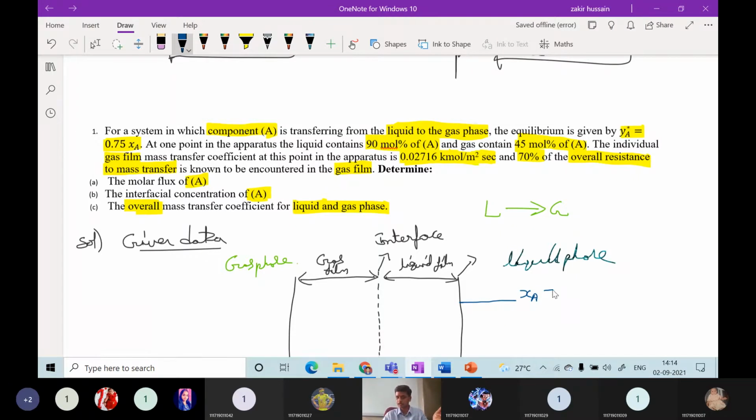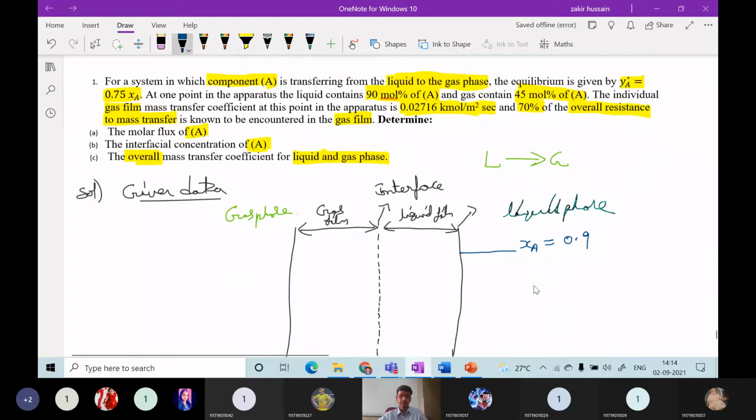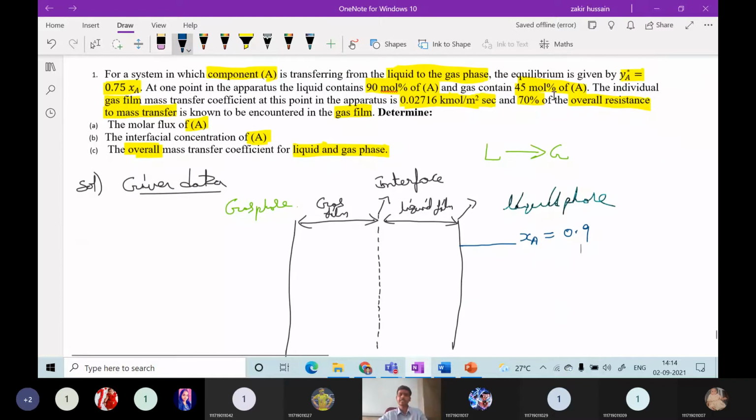So XA is equal to 90 divided by 100, which is 0.9. 0.9 mole fraction of component A is in the liquid phase, and 45% in the gas phase. So YA is equal to 0.45.